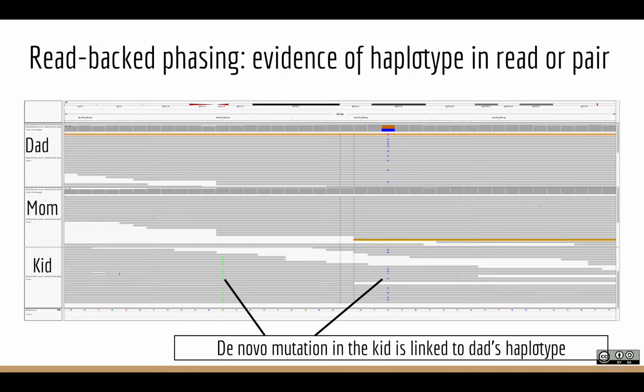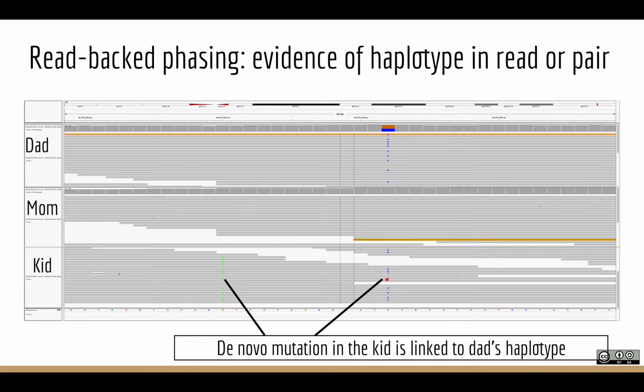Okay, back to the point though. This is heterozygous in the kid. I think we can be pretty confident it's a de novo mutation. Now the question is, did it happen on sperm or egg? And we can actually see that this allele and this allele are on the same read.